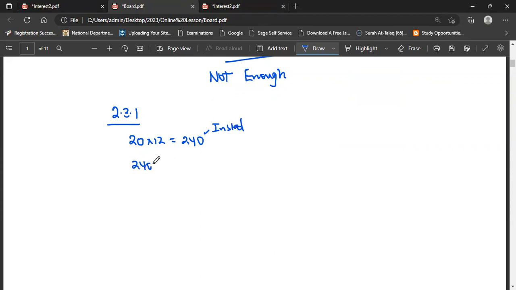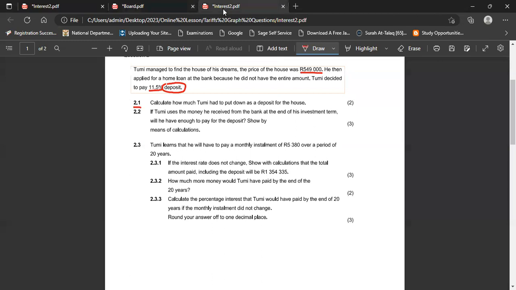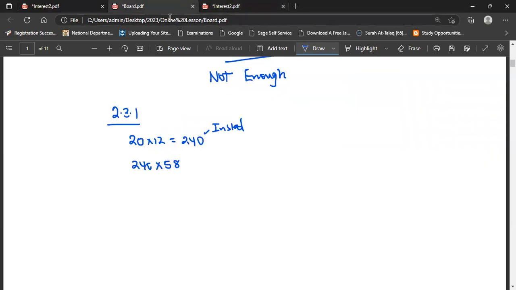Each installment was worth 5,380. So all in all, we have 1,291,200 rands. You see that? Plus the deposit. Now take note.